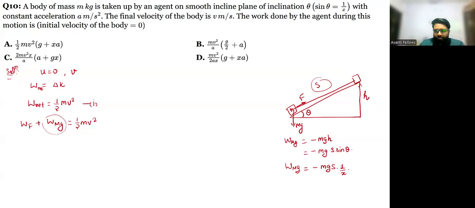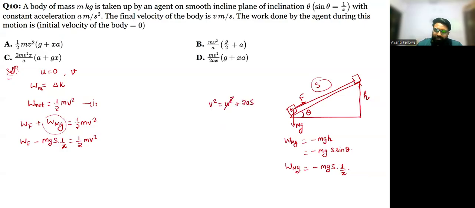Now we can put this work here. Work done by the agent minus mg s into 1 upon x is equal to 1 by 2 times mv square. Since the acceleration of the body is also given to you as constant acceleration a, the distance covered by this block, we can say v square is equal to u square plus 2as.